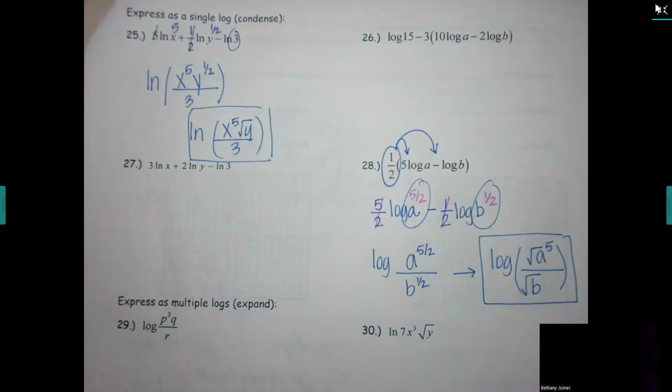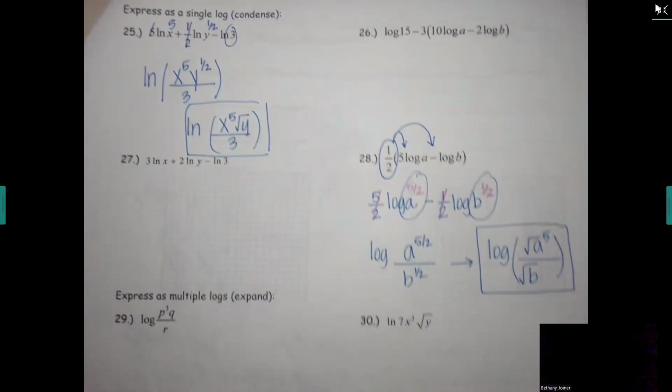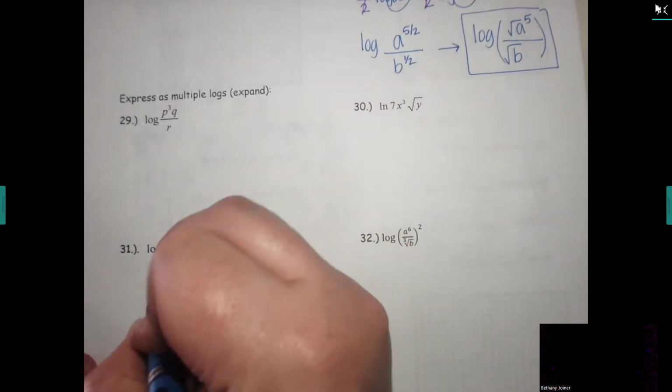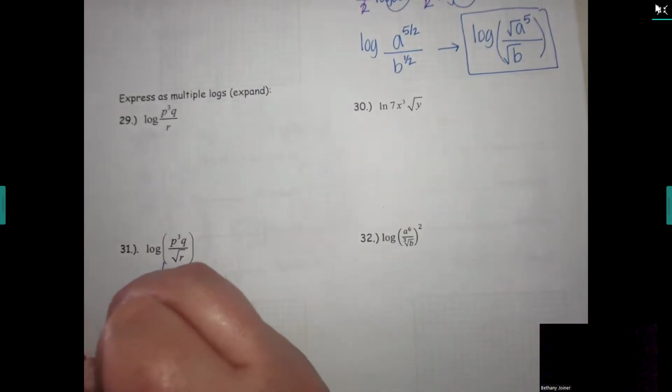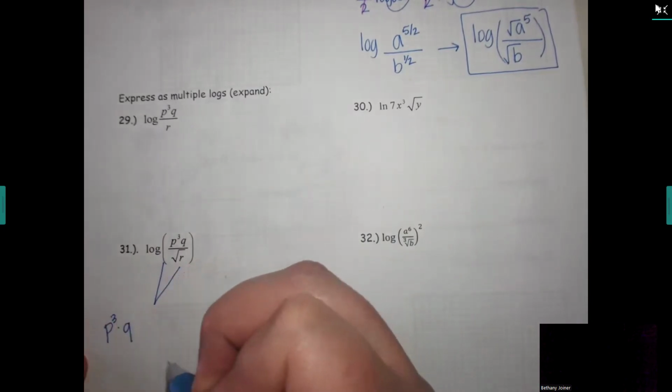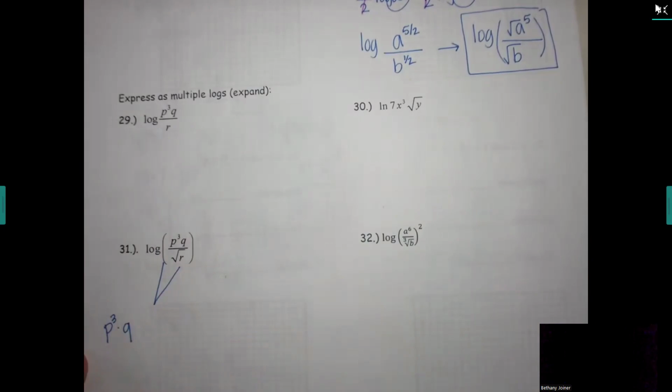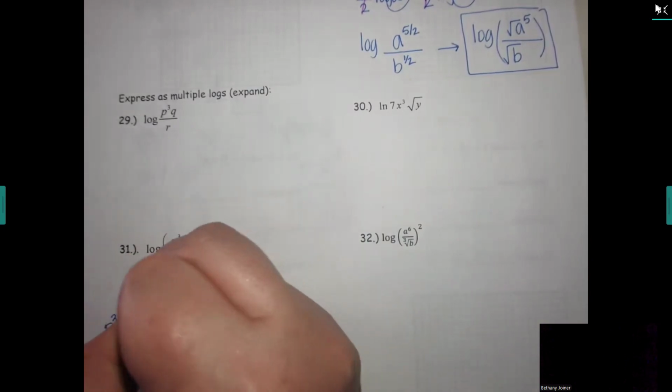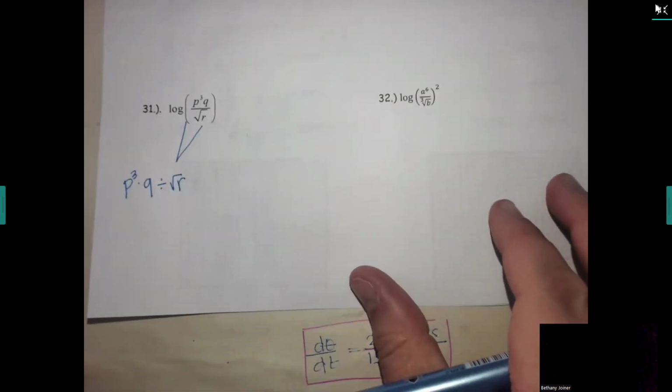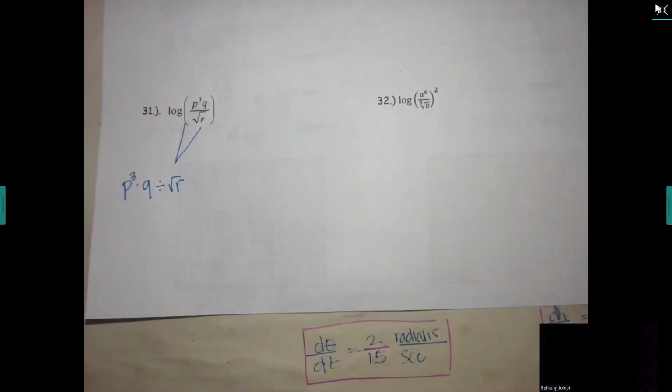All right, go down to the bottom part of your review. Let's do number 31. Here you're going from one log to multiple logs. You're breaking it down. So I see that my P, Q, and R are P cubed times the Q and then divided by the R. So when I break each of those letters down into their own log, I want to make sure that the multiplied ones get added and the divided by ones get minused.